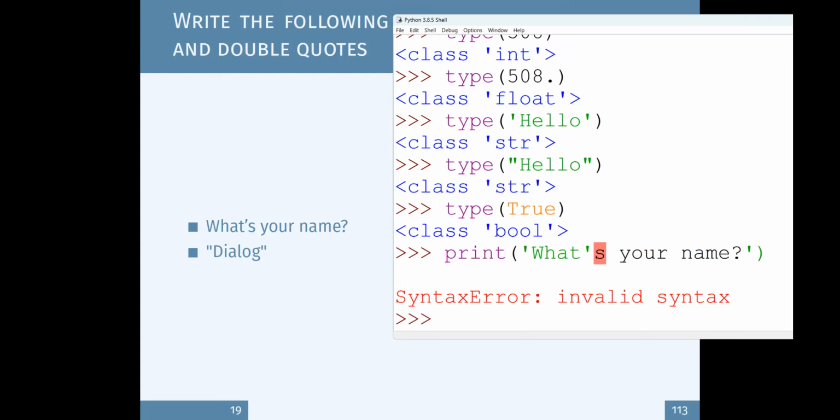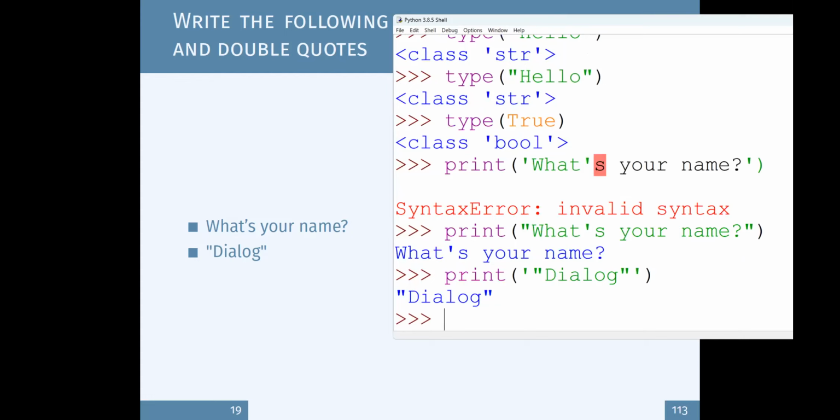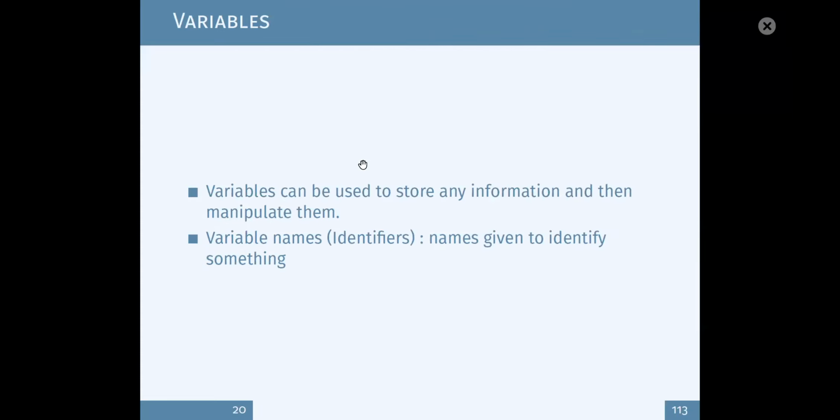So whenever you have a situation like this, you use the other representation, which in our case is the double quotes. The reason is then we have a single quote as part of the string. Similarly for the second one: if you want to have dialogue within double quotes, you better use single quotes. So this is why we have two different representations.